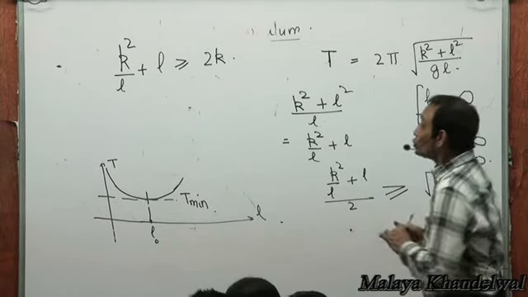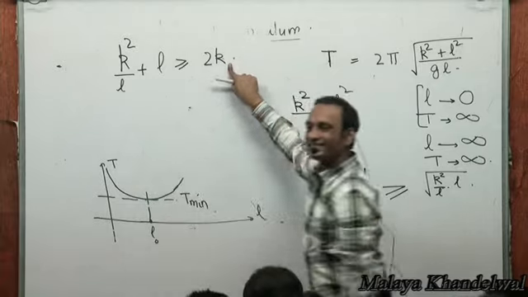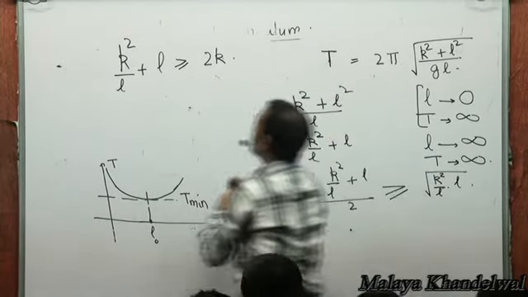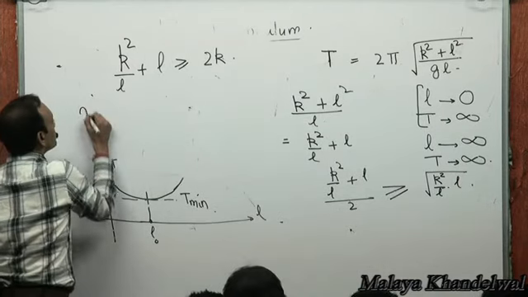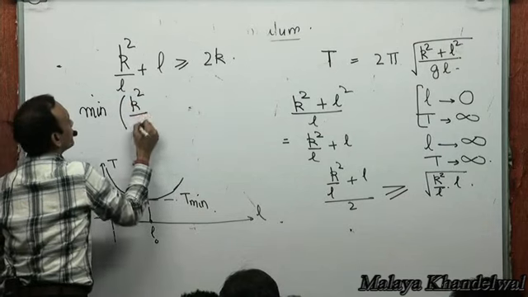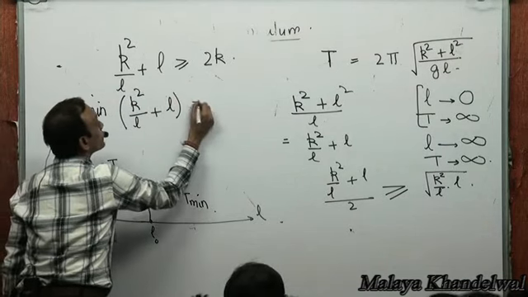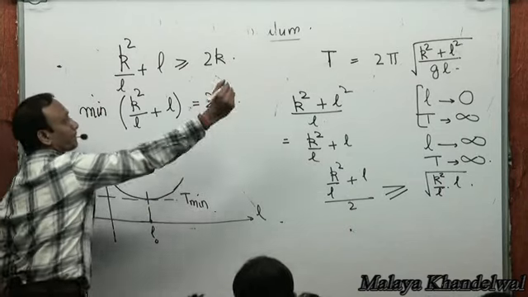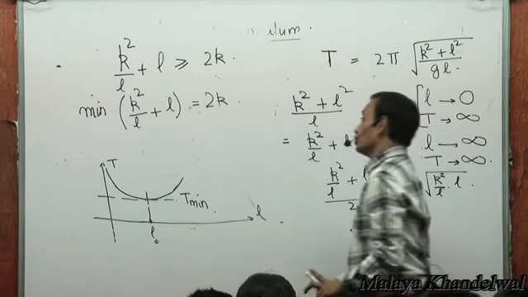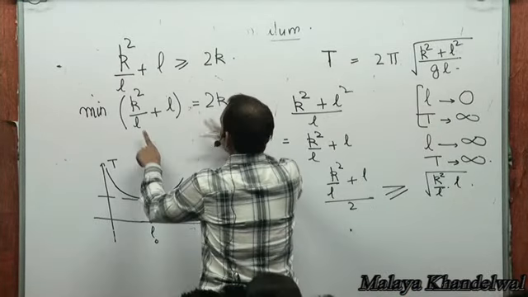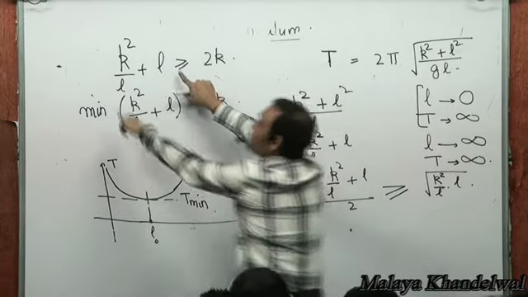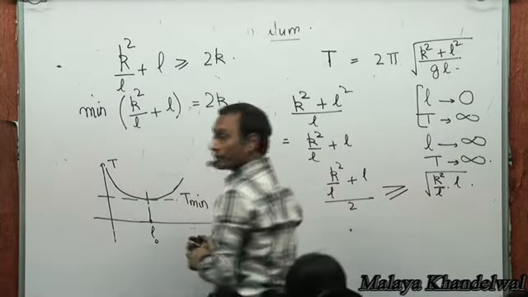That means the minimum value of this expression, K squared by L plus L, is 2K. Now, this will be 2K when the arithmetic mean is equal to the geometric mean.